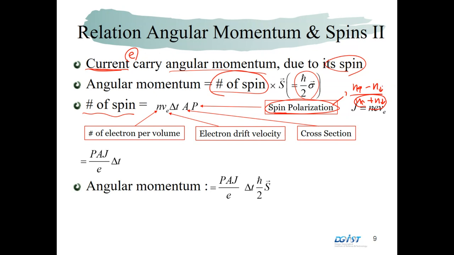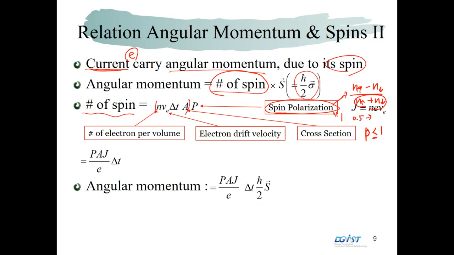So 100%, for example, spin up means the spin polarization is 1, and 0.5 means half. Anyway, the P value should be less than 1, and a large P value means the majority spin number is much larger than the minority spins. So the total electron number multiplied by spin polarization, we can say that's the number of spins.